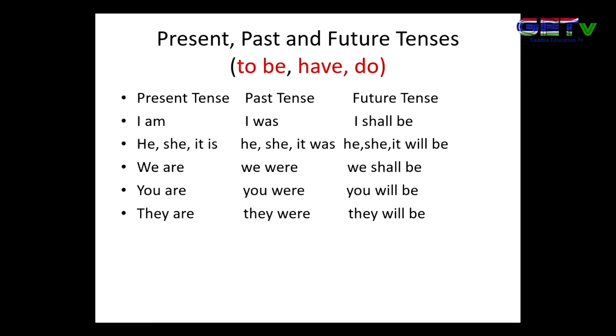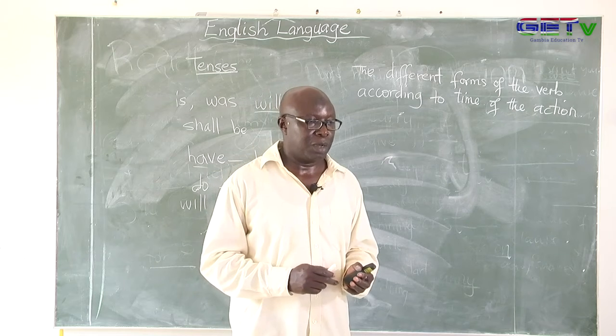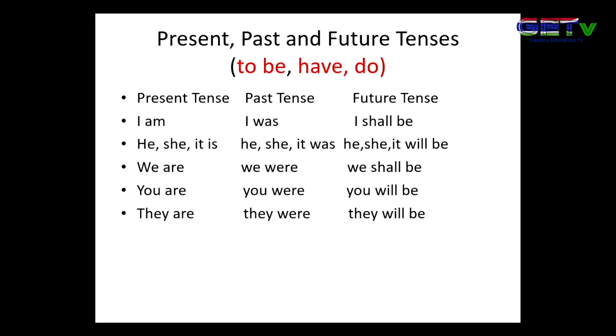That is the verb to be. So we have I, he, she, it, we, you, they. These are what we call the persons. These different persons use the verb to be differently. You don't just jump up and say, you am, they am.